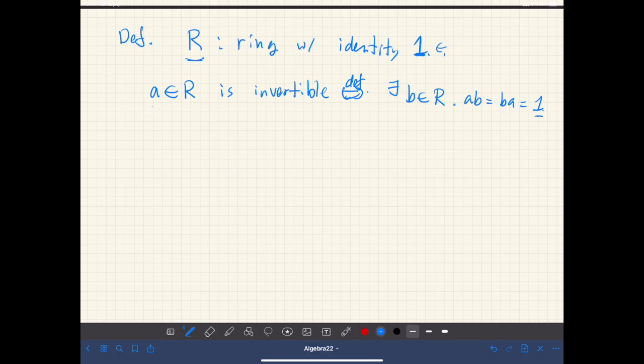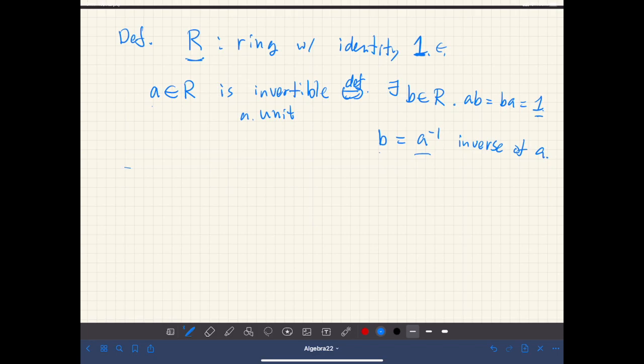Or we say it's a unit. And in this case, we write B as A inverse, and we call this B the inverse of A. It's a multiplicative inverse of A, to be more precise.